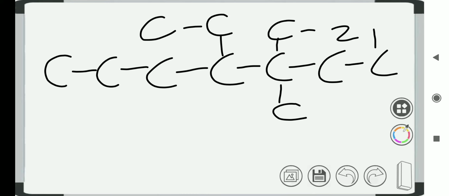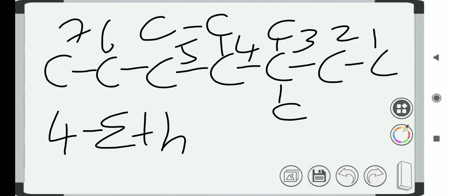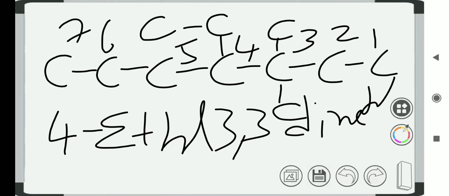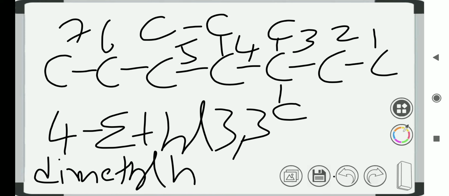If you want to give the lowest numbers to the substituents, the third position, we can go for the naming as 4-ethyl-3,3-dimethyl. We have heptane. We can go with the naming like this.